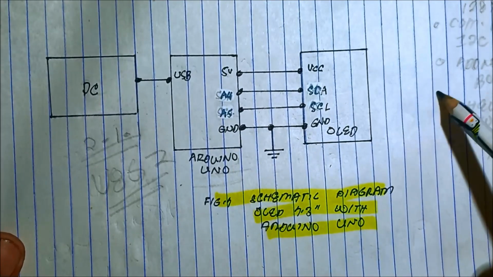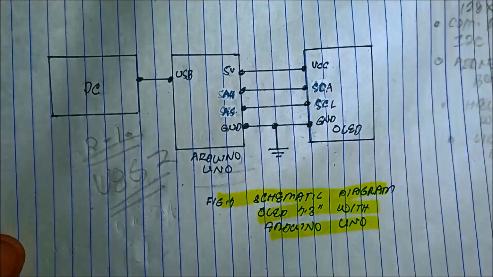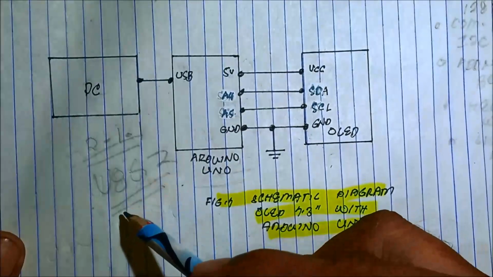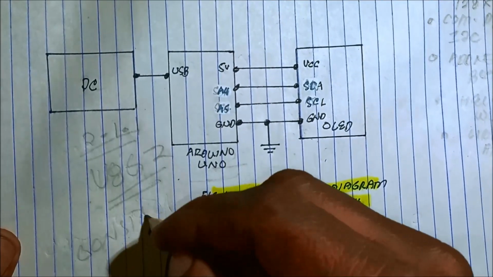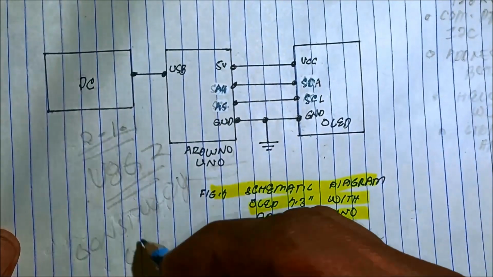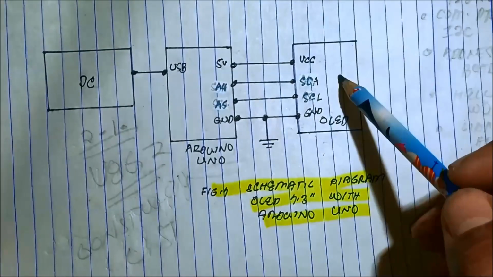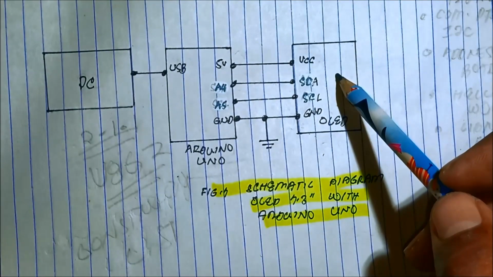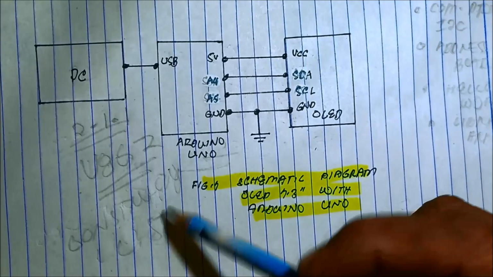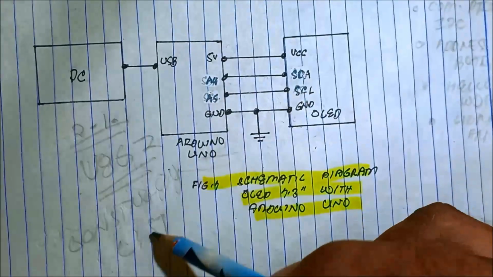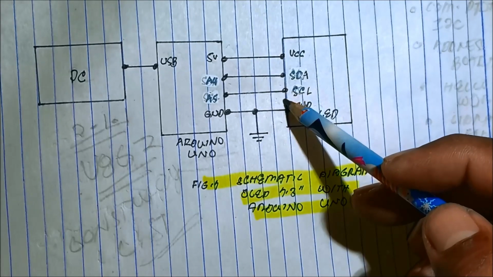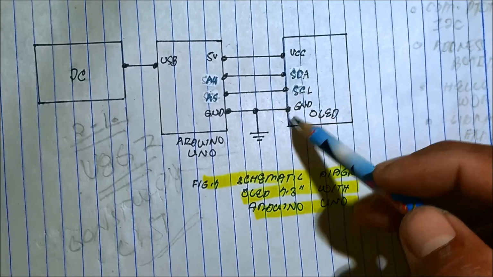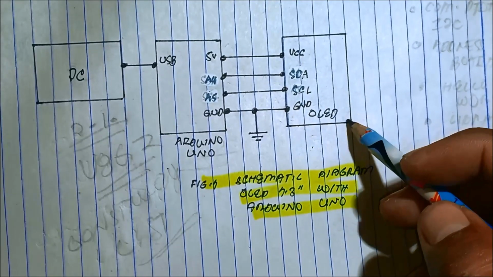And then inside the code, we have the constructor list. What is the constructor list? We uncomment the constructor list inside the code because it is used depending on what kind of OLED display we are going to use.